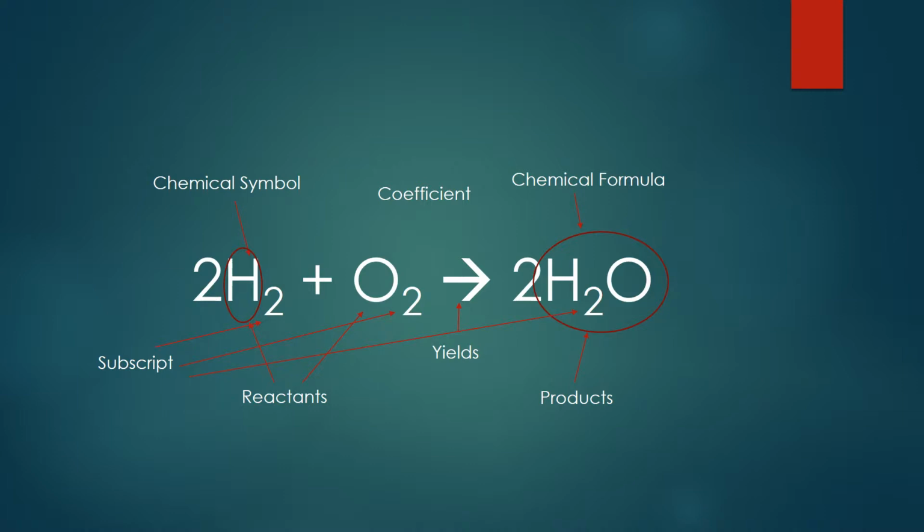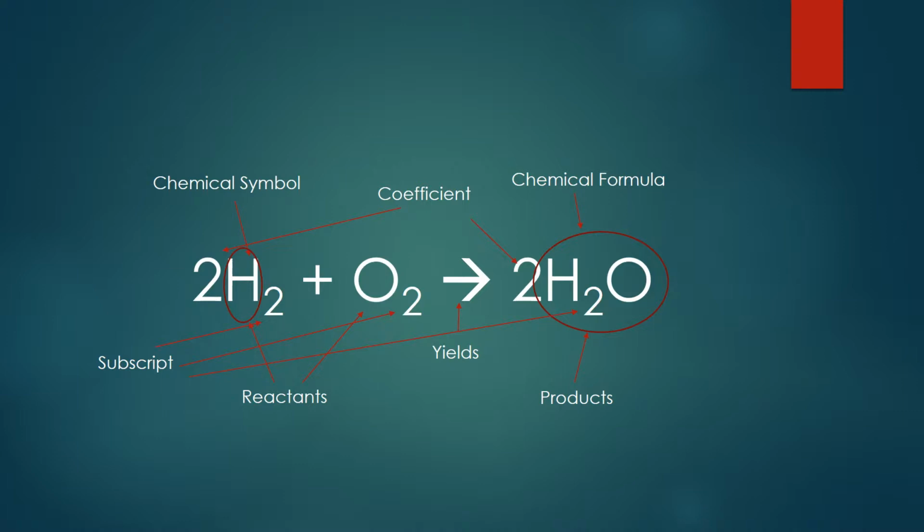Something that we have not seen yet, because it's only in our chemical equations, are coefficients. So you may notice these big numbers in front of a couple of our compounds or elements. They're not necessarily going to be in front of all of them, and some equations might not have any coefficients. But basically, what that's telling us is how many of each molecule we have.